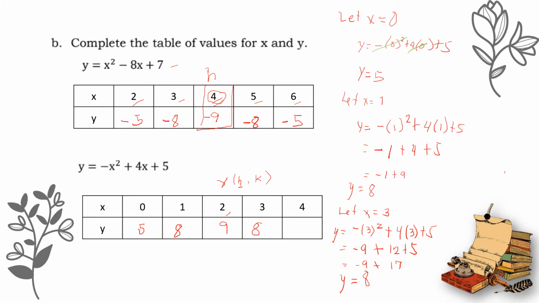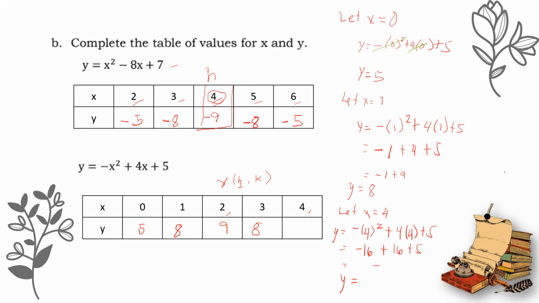Last po ay 4. Pag sinubstitute po natin ang 4, palitan ko na lang po itong mga to. So, ang value po natin ay 4. So, 4 squared times 4, 4 times 4, that is equal to negative 16 plus 16 plus 5.